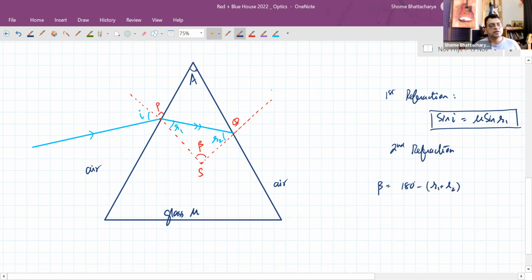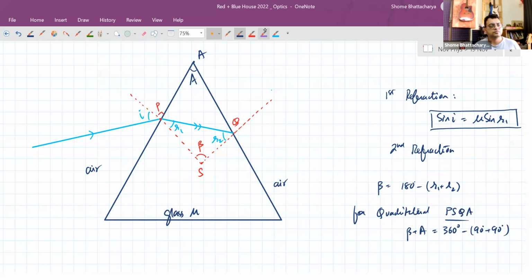And if this point here is A, we can also see for quadrilateral PSQA, beta plus A will be 360 degrees minus (90 plus 90), because these other two angles are 90, as they are normals.